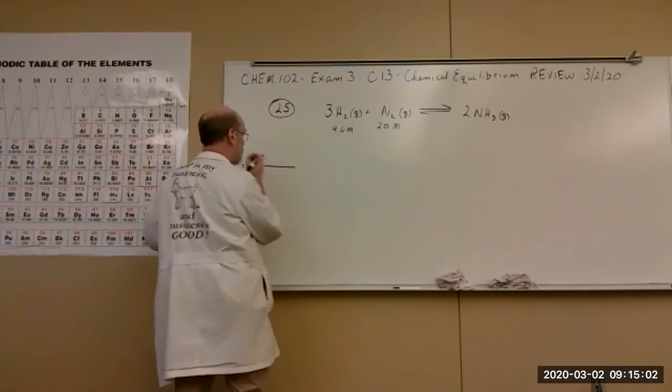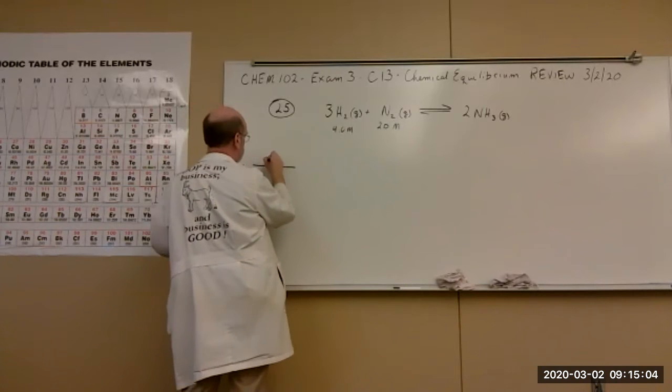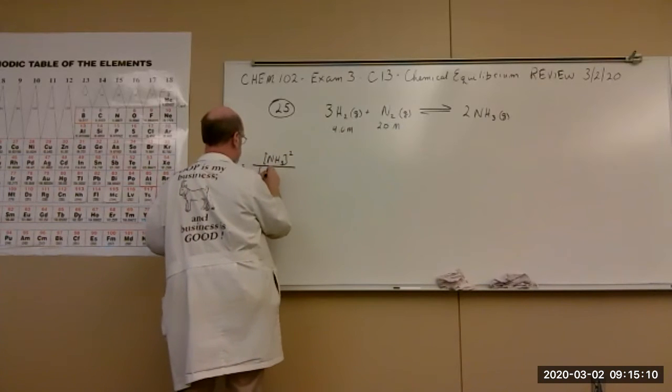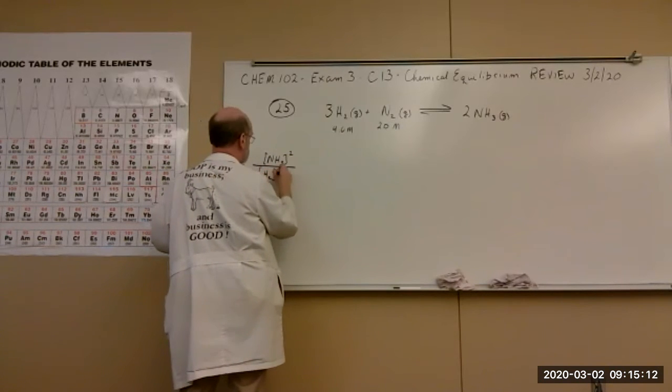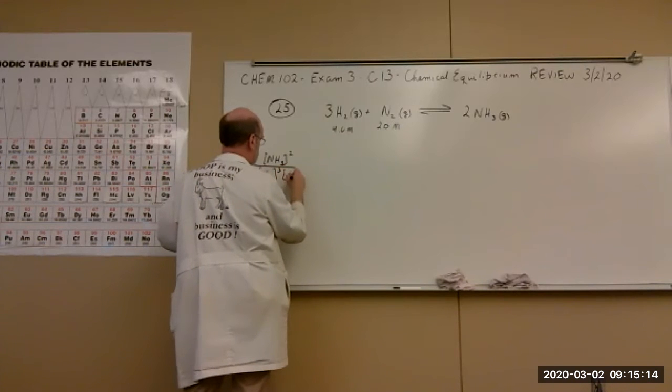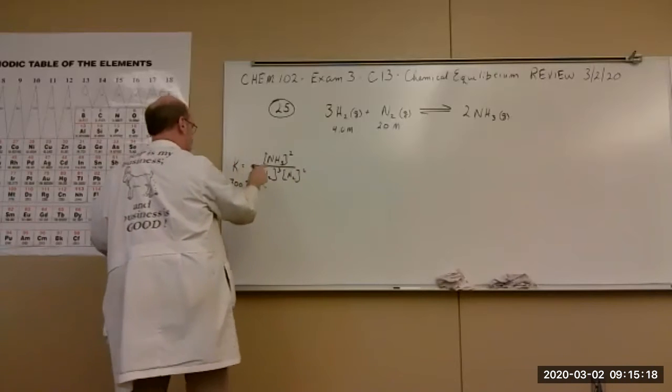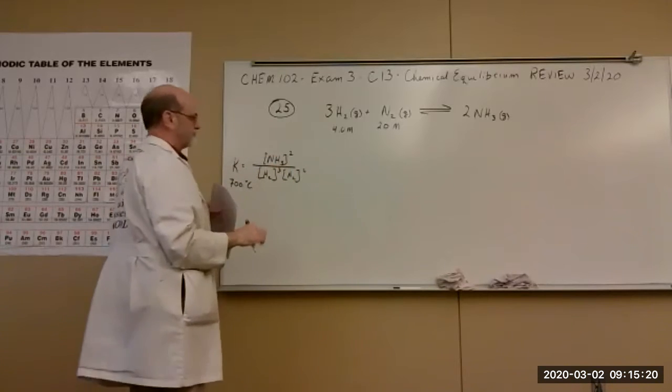Okay, so our expression then is going to be, as before, ammonia squared over hydrogen cubed nitrogen. So in order to calculate this, we need to find out what these values are.